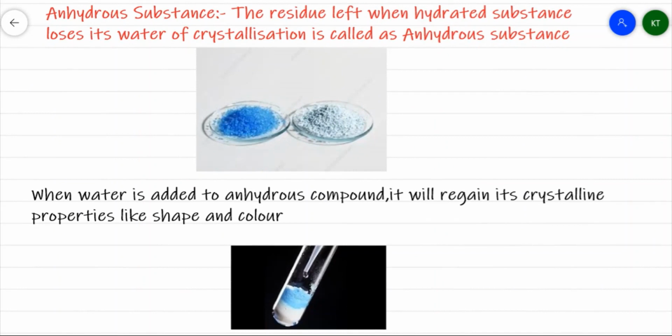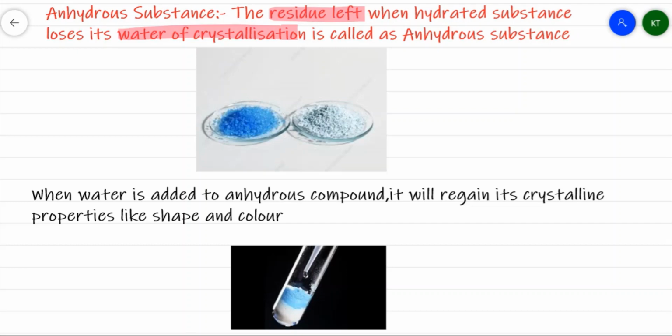Whenever any hydrated salt is heated, some residue is left out. Whenever you heat a hydrated salt, it will lose its water of crystallization, and the solid left out is called your anhydrous salt.